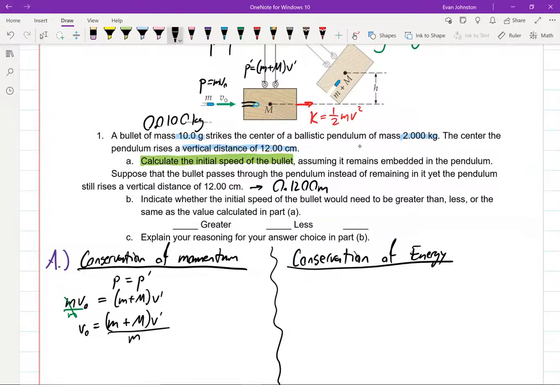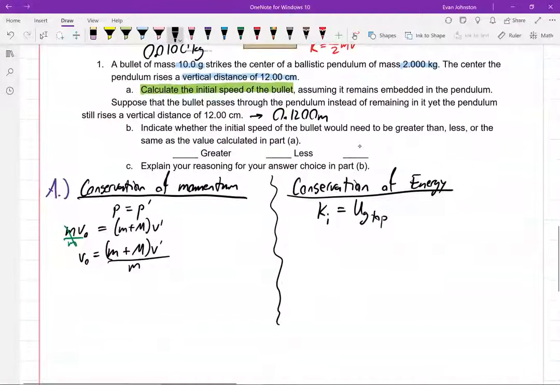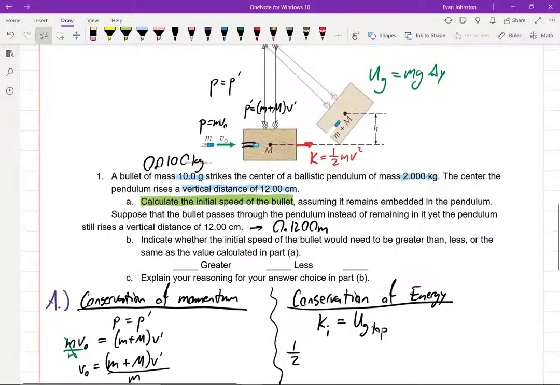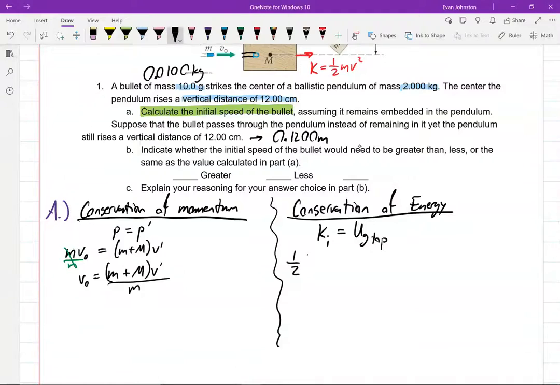So I'm going to say that our K, and I'll call it initial, is equal to the potential energy at the top. So we have 1/2, and wait, the mass, though, is both of them together. So now we have little m plus big M, and then V squared.